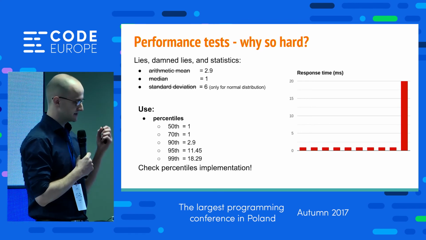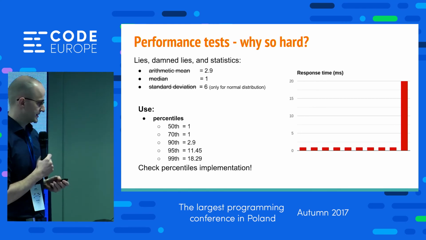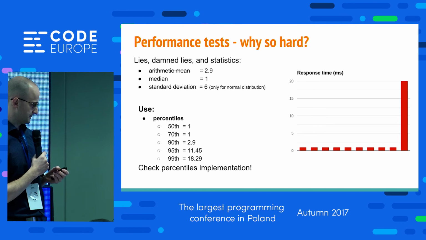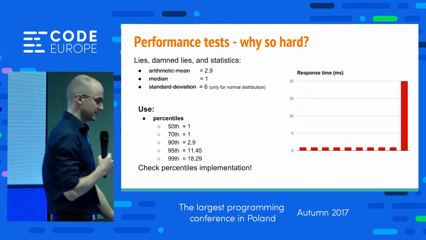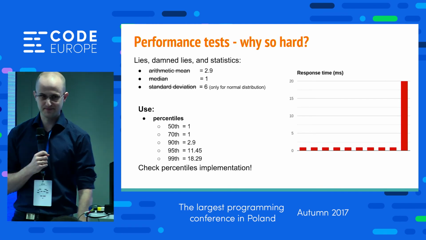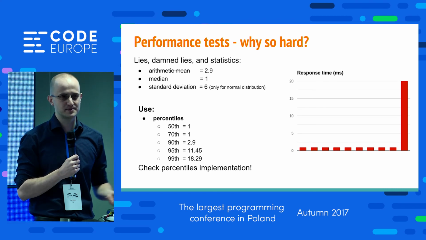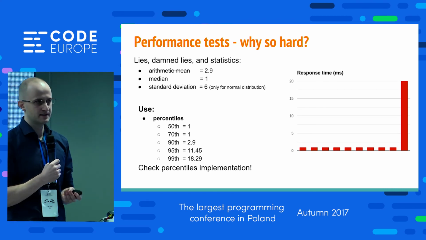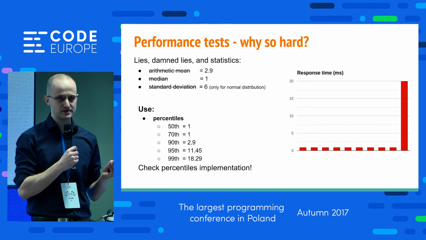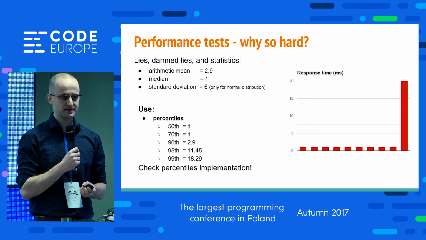In my opinion, this is the best metric to get the overall view of the performance characteristics of your application. But be careful again, and check the percentiles implementation, because they could use mean and standard deviation, which of course makes them useless as well. Another example could be Dropwizard Metrics. Who is using Dropwizard? Nobody?